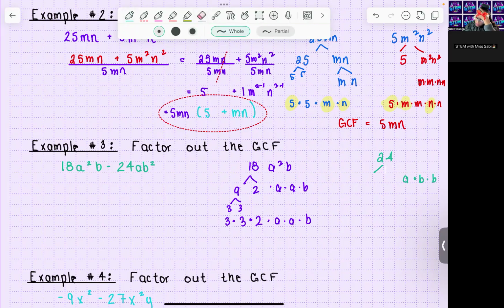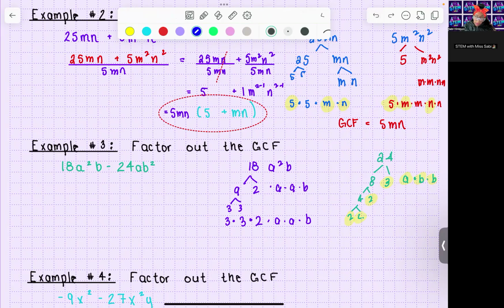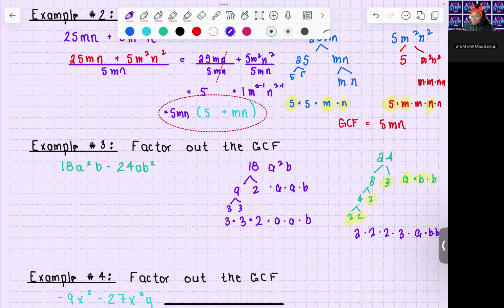And then my 24 can be broken down into 3 times 8, 4 times 2, 2 times 2. So let me highlight my prime factors. Okay, let's write them out. So then we have 2 times 2 times 2 times 3 times a times b times b.